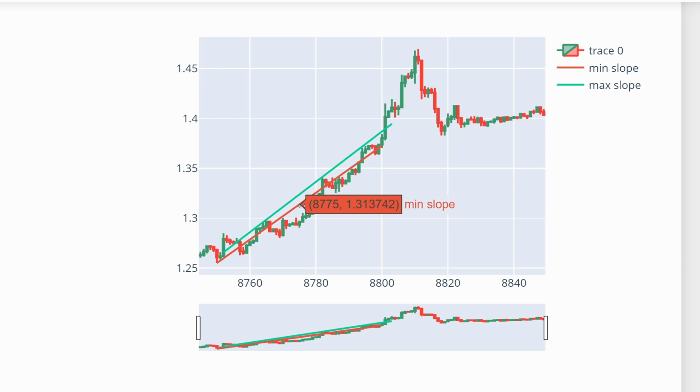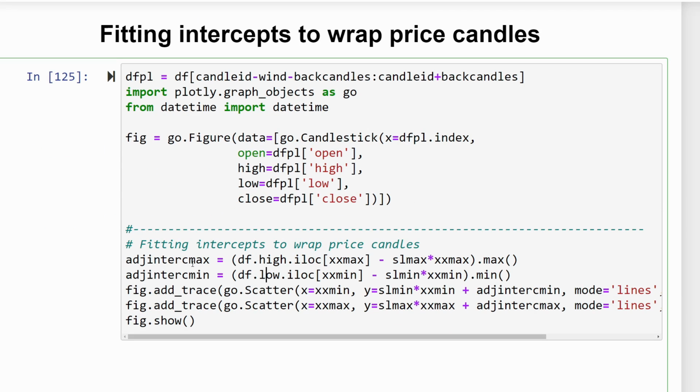I'm going to modify my intercept so that this red slope here, I would slide it down so it goes through the minimum point of all of these. So we're not really looking for the minimum price, but rather for the furthest point or the furthest price from my slope. And we're going to do the same for the maximas. And we're doing this using these two equations here.